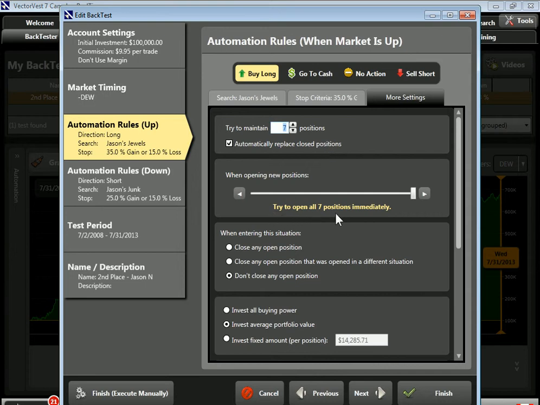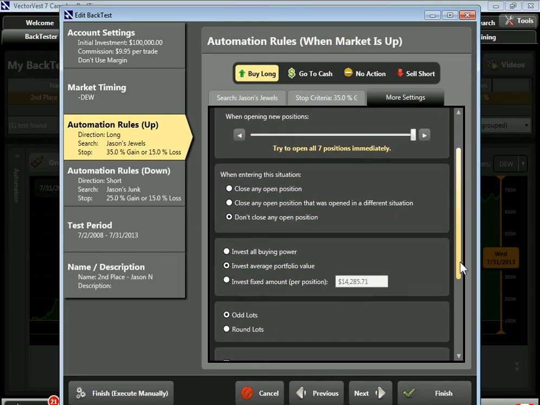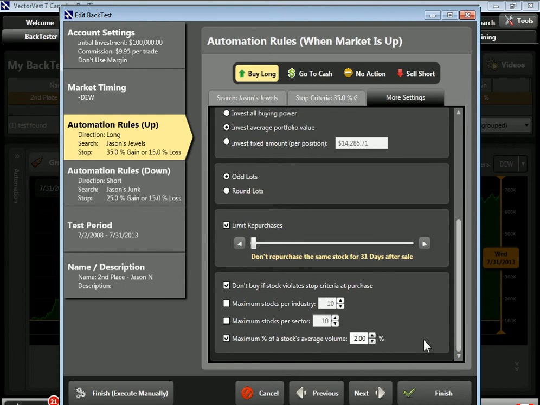He wanted to open all 7 immediately, and he didn't want to close any open position when entering this situation. He invested the average portfolio value, and the settings at the bottom were the required settings of don't repurchase the same stock for 31 days after sale, and we don't want to buy more than 2% of a stock's average volume. I'll click on Next.